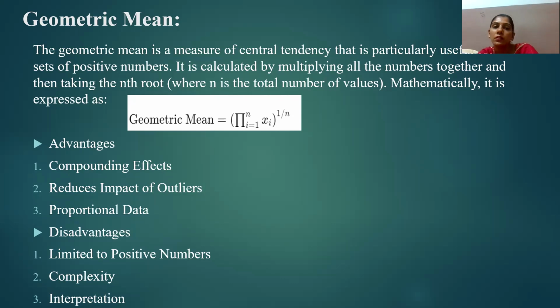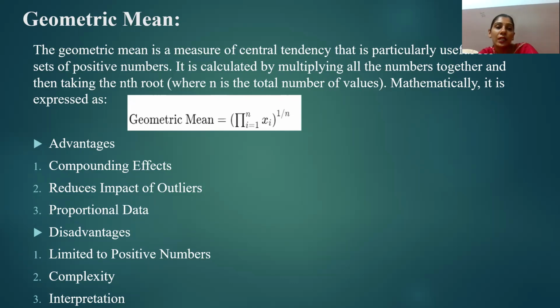In various fields. So now let's understand the applications of the geometric mean. What are the applications of the geometric mean in business statistics? The geometric mean is helpful in calculating the growth rate.